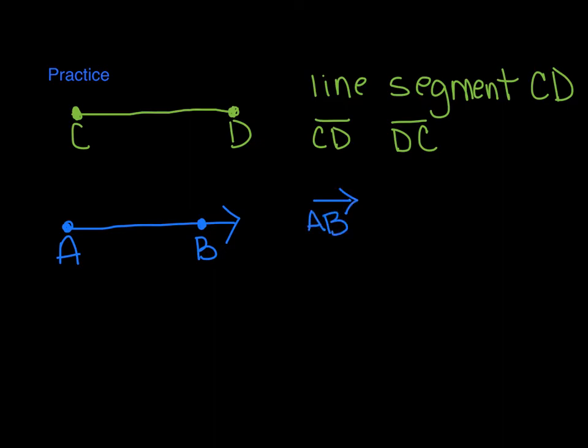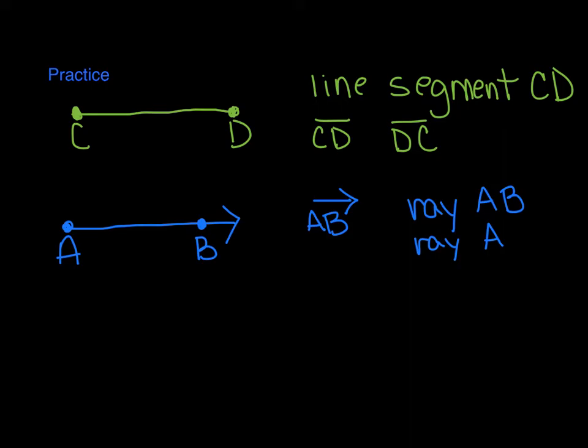Now when we name a ray, we always start with the endpoint, not the end that has the arrow. You could also write it out like this, ray AB. We could even call it ray A. Okay, so that would be a ray.